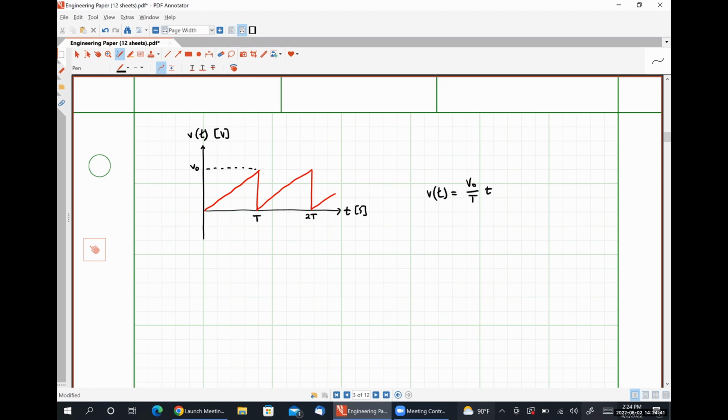Our effective value then is going to be the square root of 1 over the period times the integral over 1 period of V naught over capital T times t quantity squared dt.